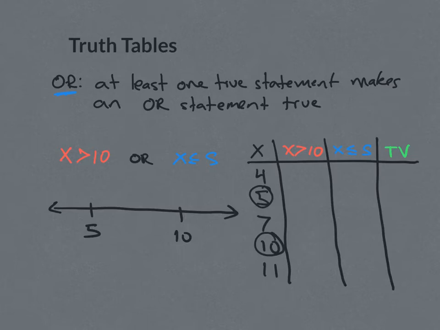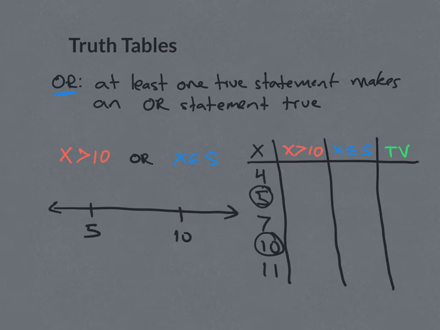I'm going to mark down in my truth table if 4 makes this first statement true or false. The first statement is x is greater than 10. So is 4 greater than 10? You don't have to write it down, but that's what you have to be thinking. No, that's false.